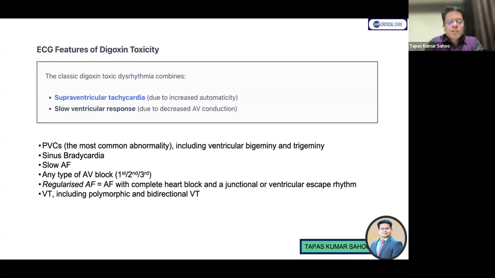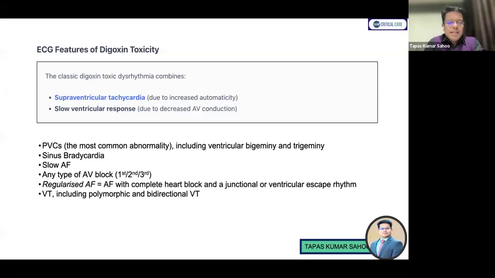Sinus bradycardia, slow atrial fibrillation, any type of AV block can be induced by digoxin toxicity. Regularized AF, that means AF with complete heart block, and there would be junctional or ventricular escape rhythm, and VT, that includes polymorphic as well as bidirectional VT.